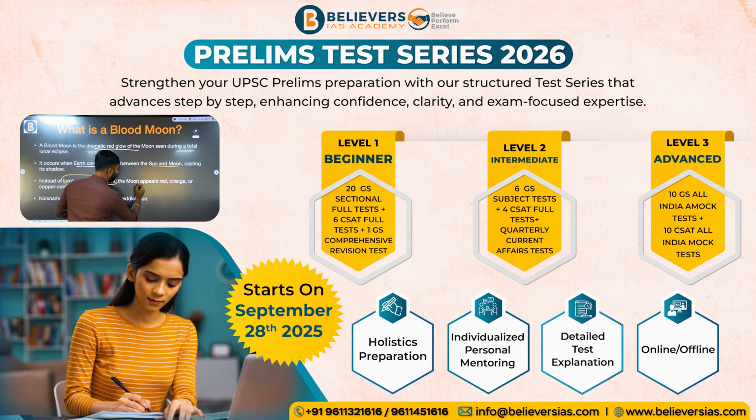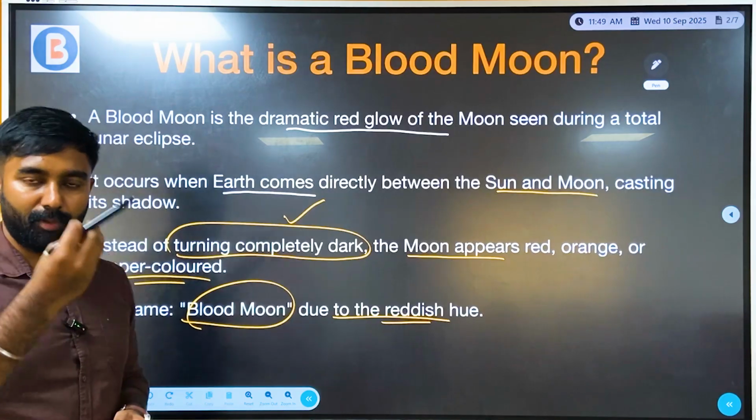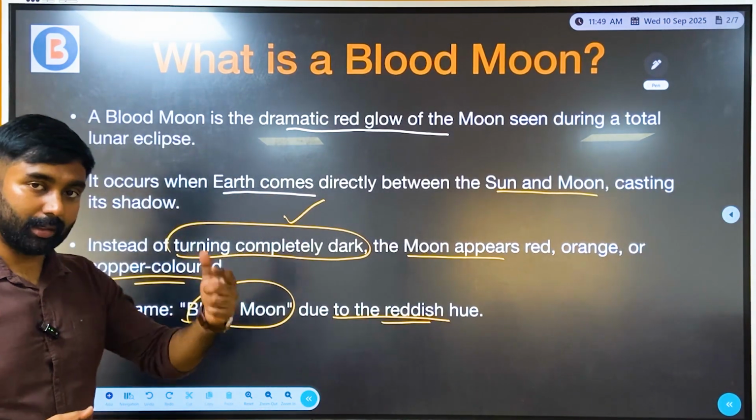But on the contrary, the moon appears red, orange, or copper colored. So hence the name blood moon has been given to the reddish hue which is formed on the moon as a part of the reflected light.